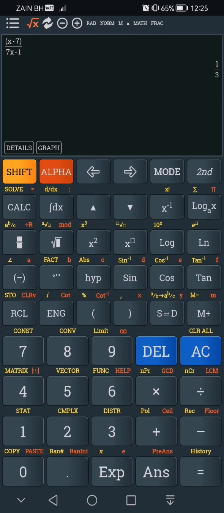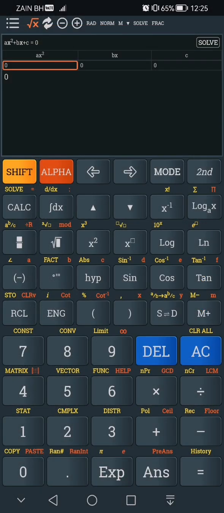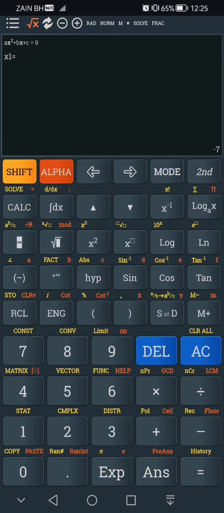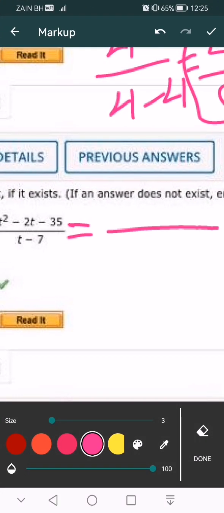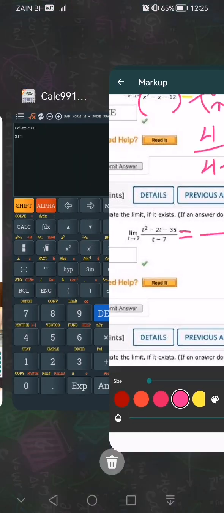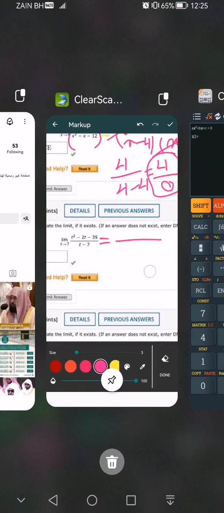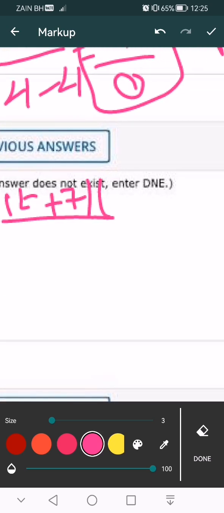Your calculator is mod 5 3. I have to do 1 2 minus 35. The result I get is in minus. If you get in minus, you have to put it in plus. So the value will be t plus 7 multiplied by t.